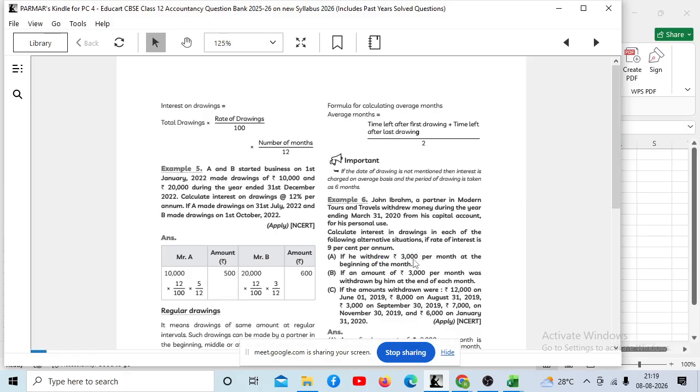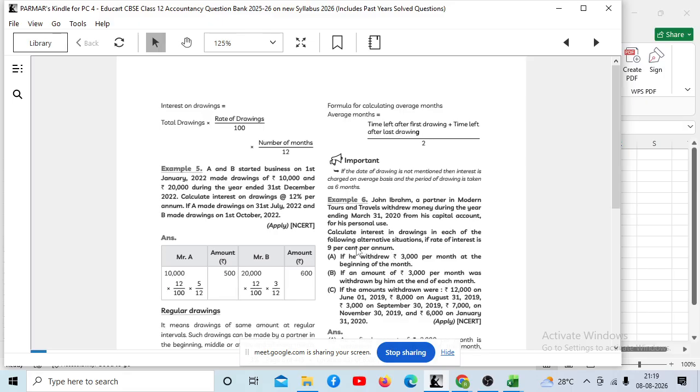In a year, there are how many months? 12. So if every month he is withdrawing 3,000, in 12 months how much will he be withdrawing? 36,000.